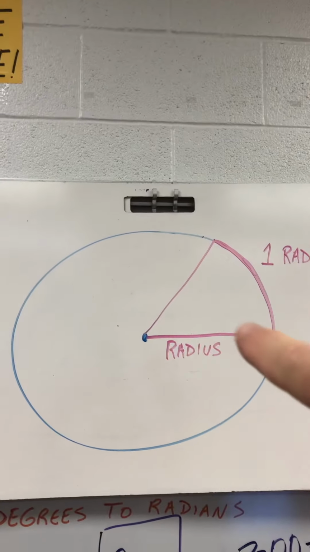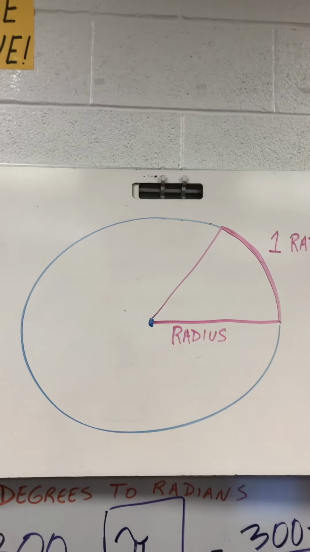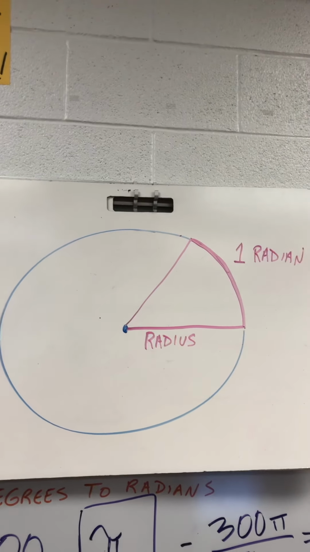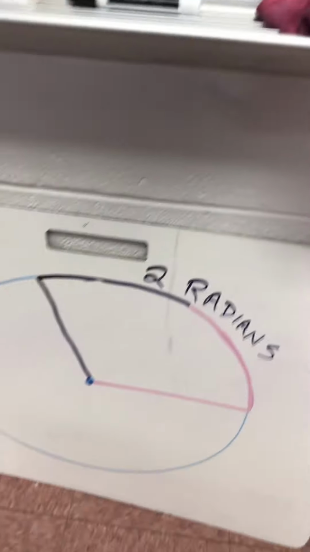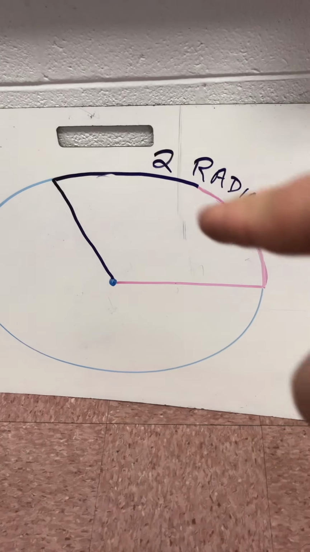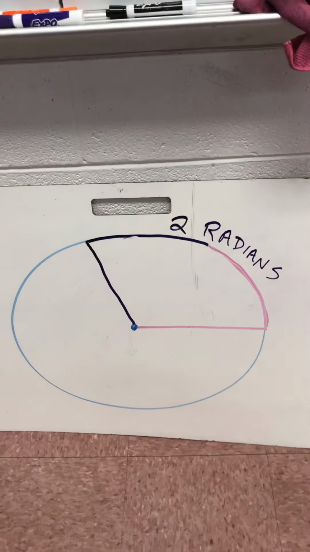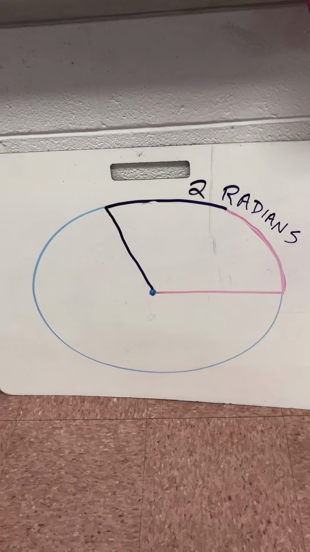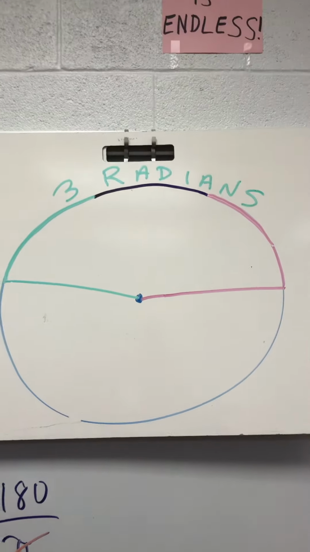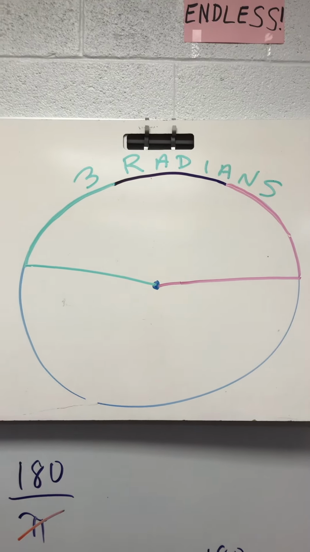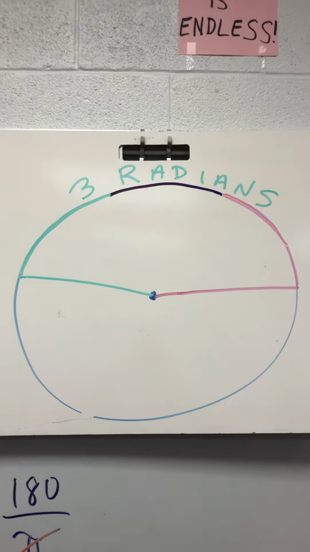This angle is 1 radian. Now, if you put 2 radiuses in, that makes 2 radians. Put 3 radiuses in, you've got 3 radians.